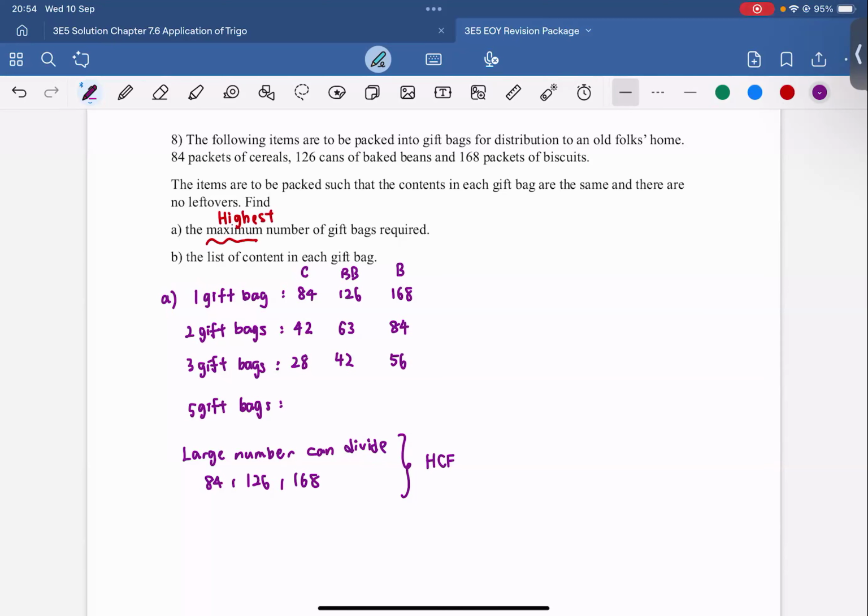Okay, so to find the highest common factor of 84, 126, and 168, we prime factorize.